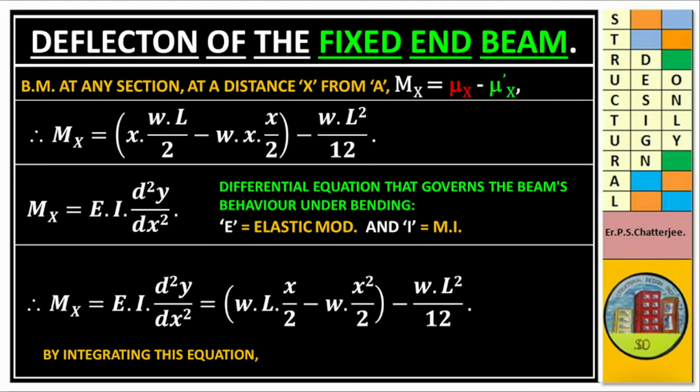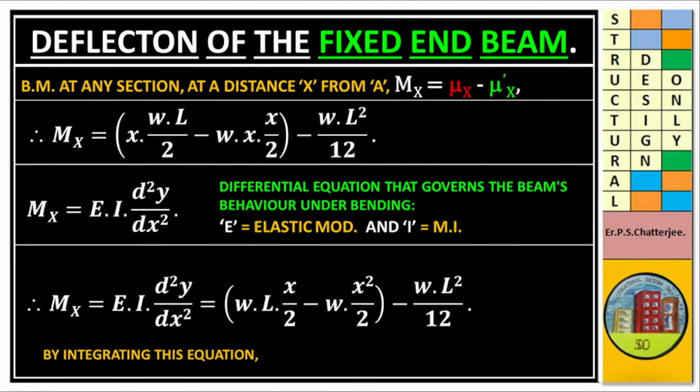Mx is equal to E into I d2y dx2. This is the differential equation that governs the beam behavior in bending. E is the elastic modulus, I is the moment of inertia. Therefore, Mx is equal to EI d2y dx2 is equal to W into L into x by 2 minus W into x square by 2 minus WL square by 12.